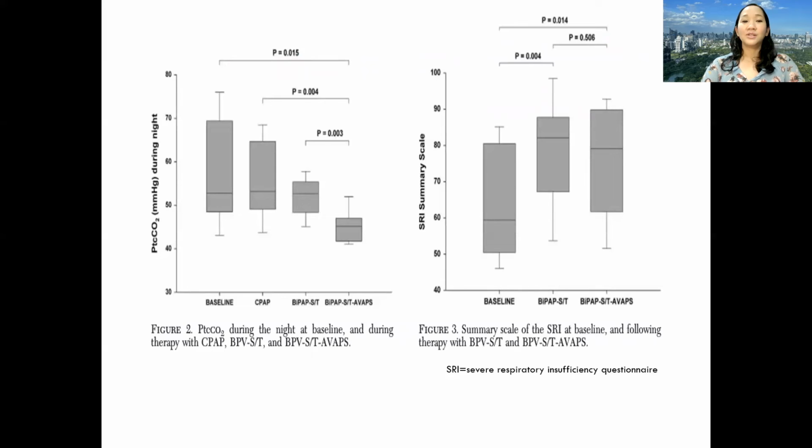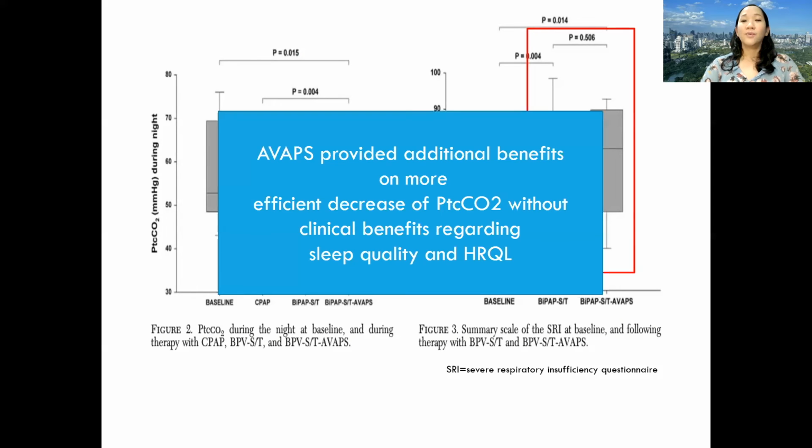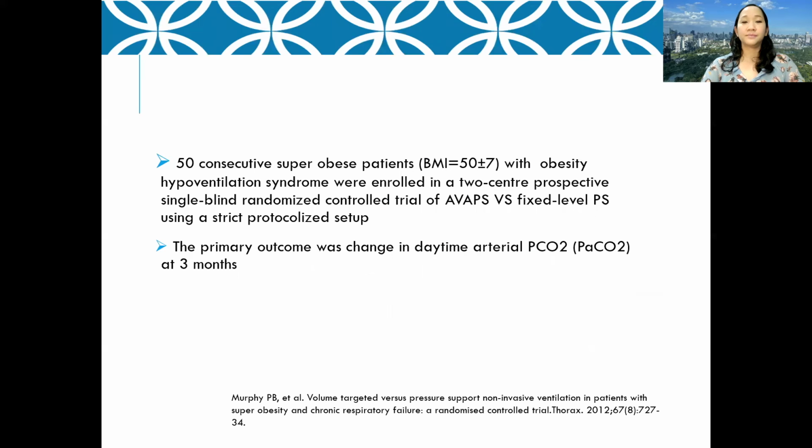And the data actually shows that the AVAPs were better in terms of more efficiently decreasing the transcutaneous CO2 level. However, there was no clinical benefit regarding sleep quality or health-related quality of life.